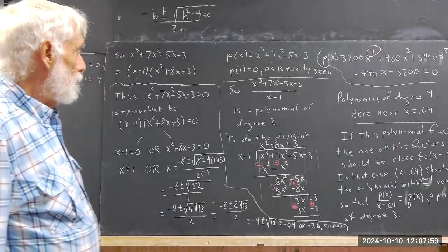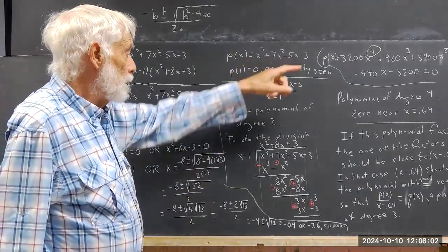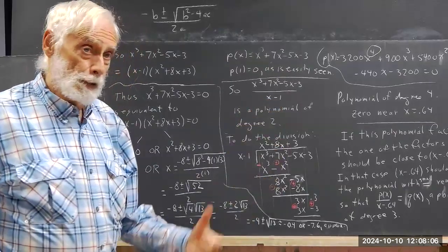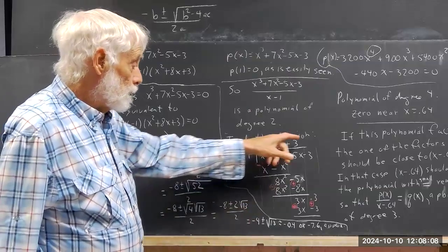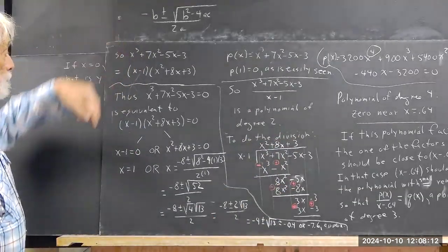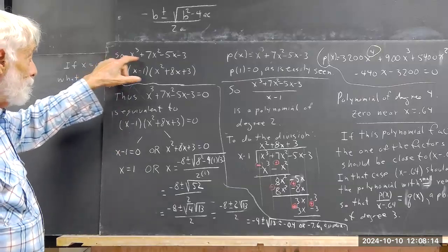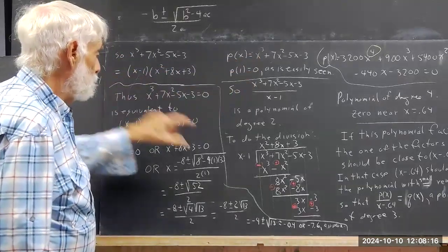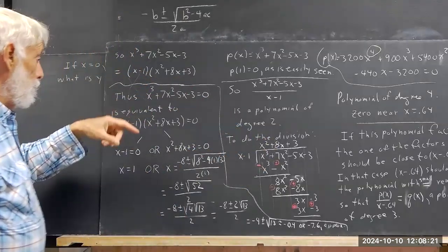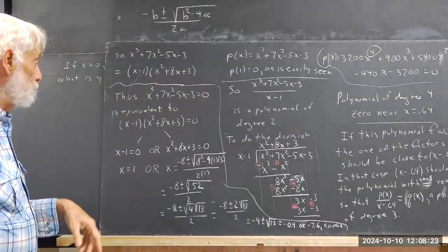Since it's 0 when x is 1, if everything's been done correctly, this comes out with no remainder, which it did. Then we know that this polynomial is x minus 1 times this quotient.